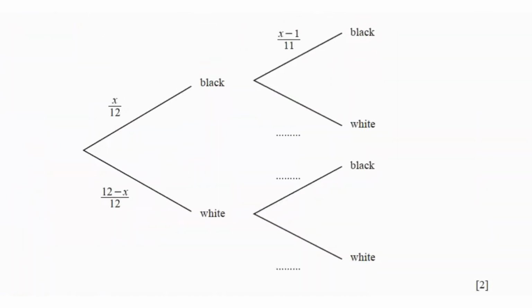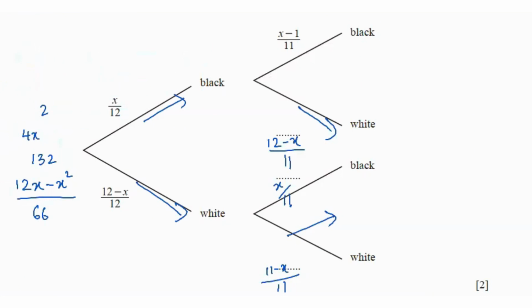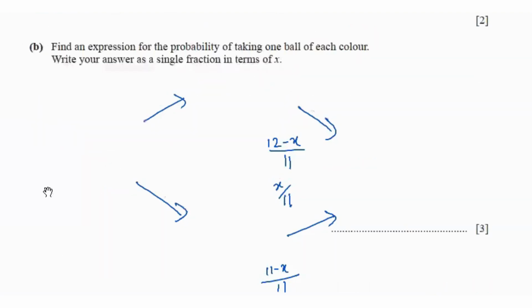Show your working. So if we go back to the tree diagram, just gonna erase all of this. So the probability for both black balls is x over 12 times x minus 1 over 11.